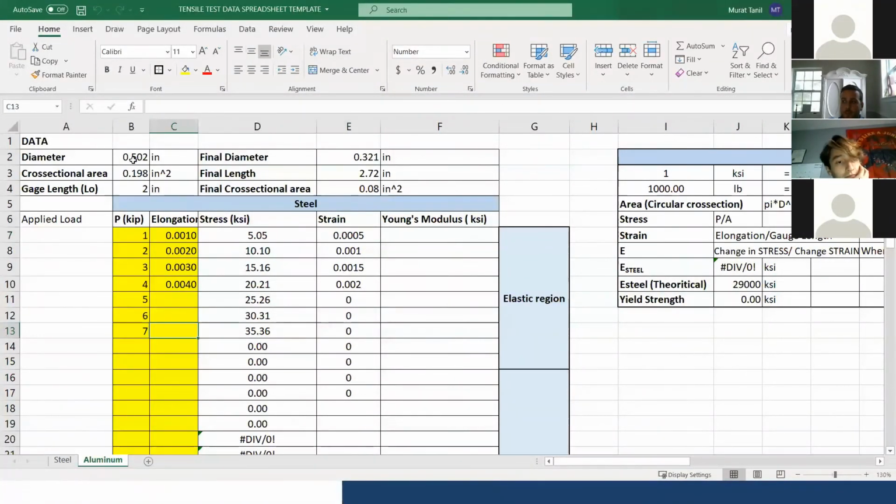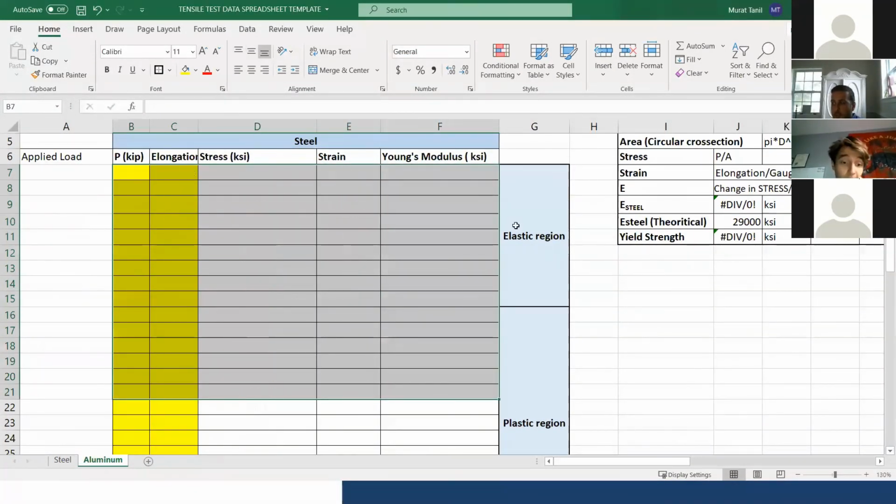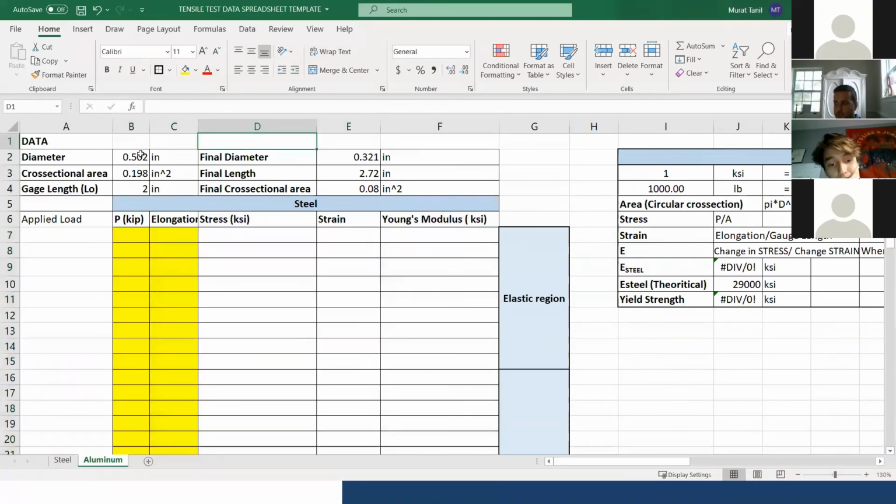If I know these numbers for aluminum, you can delete this one because this was copied from the previous page. I can enter the diameter, gauge length, and final diameter.